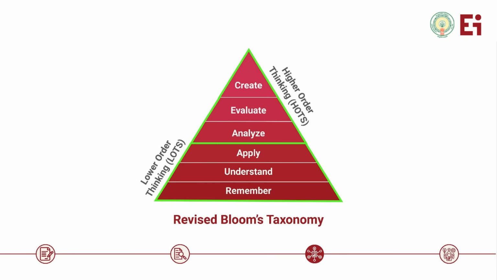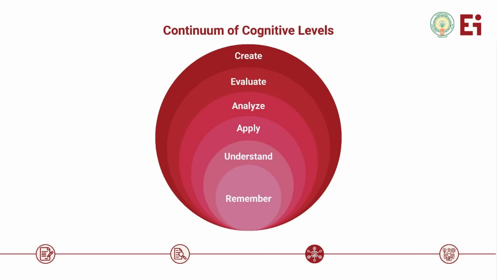The top 3 categories in the pyramid: analyze, evaluate, create are the higher order thinking skills or higher order cognitive skills, that is HOTS or HOCs. It is also important to understand that these cognitive processes are in a continuum, which means a higher process automatically involves all processes lower down the order. For example, understand automatically implies remember.